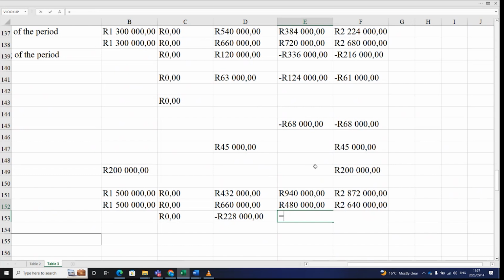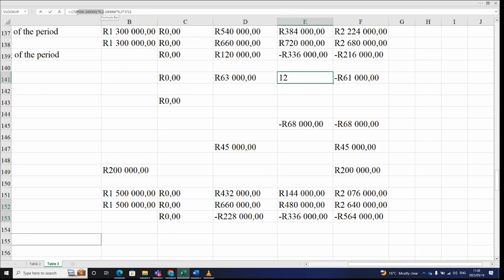So maybe at a starting point, say at 336, which is the opening accumulated depreciation.